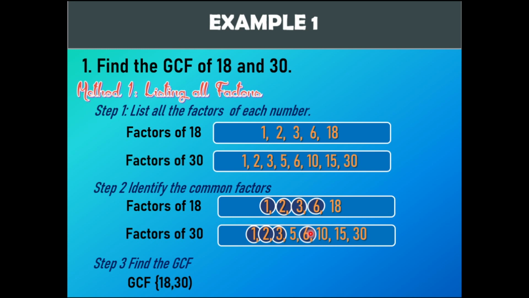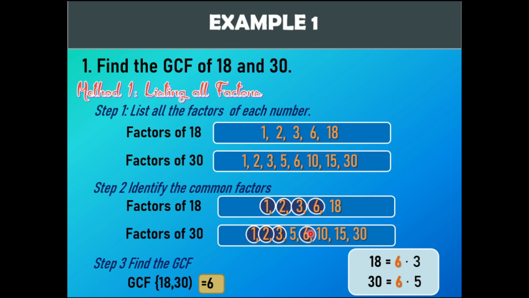That is, the GCF of 18 and 30 is equal to 6. Now we can state that 18 and 30 are multiples of 6. So 18 is equal to 6 times 3 and 30 is equal to 6 times 5.